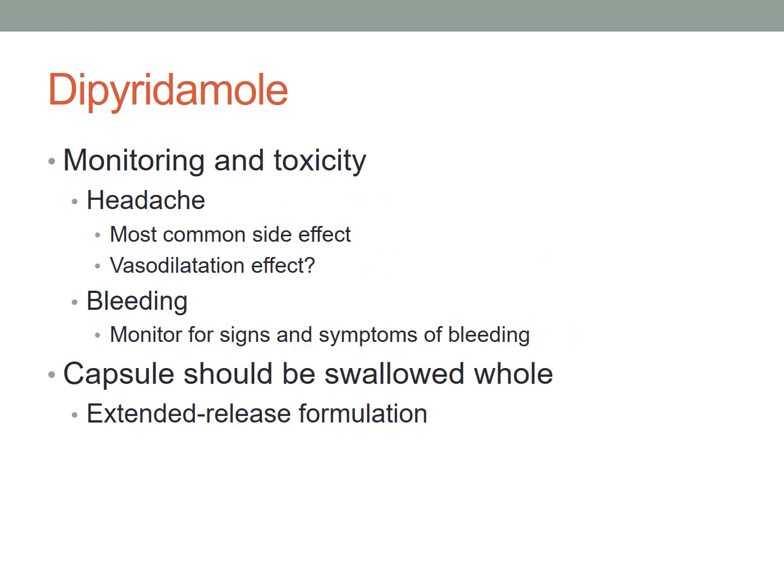Headache is the most common side effect seen with dipyridamole, and it's possibly due to the vasodilatation effects. Of course, we need to monitor for signs and symptoms of bleeding with this medication, and we should note that the capsule needs to be swallowed whole because it's an extended release formulation, so it can't be crushed or broken.